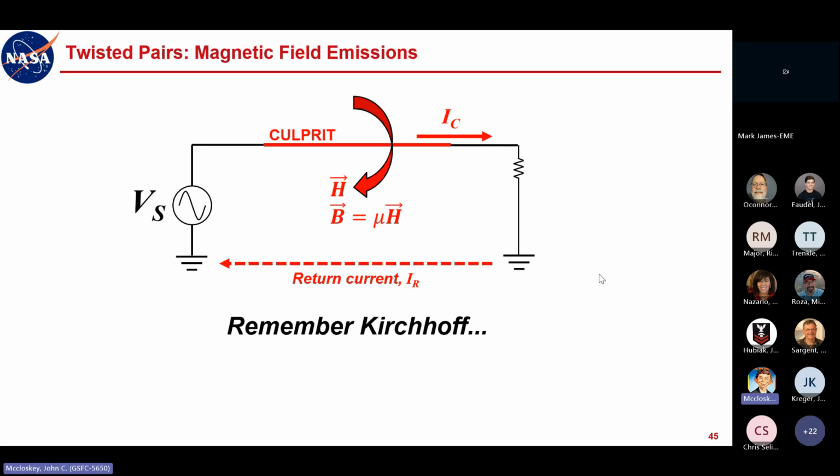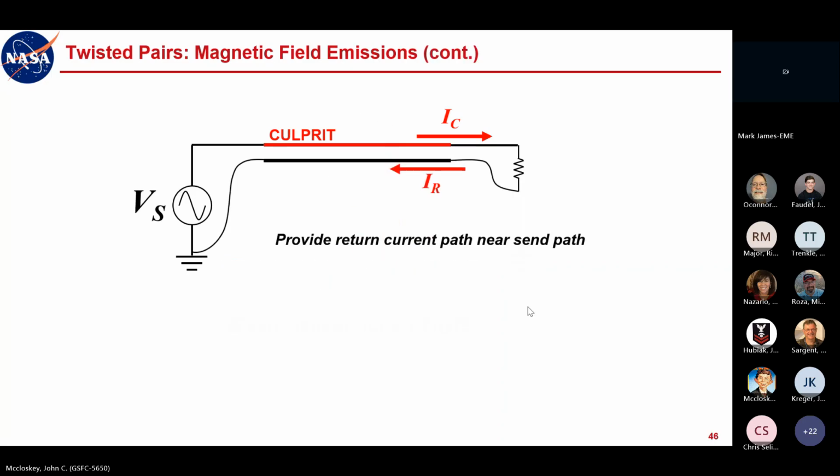And remember Kirchhoff, it's never just a current flowing in one direction. It's got to have some return path back to the source. So we want to provide a return current path near the send path.